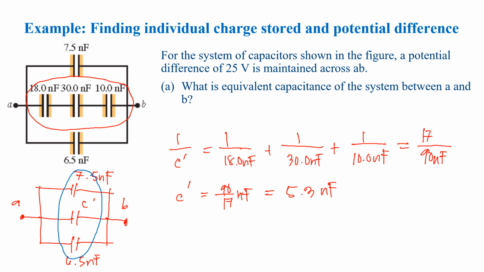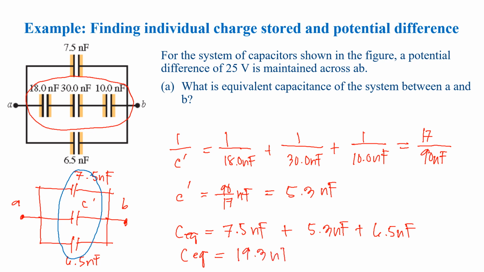Since these three capacitors are in parallel, your C equivalent is equal to 7.5 nanofarads plus your C prime, which is 5.3 nanofarads, plus 6.5 nanofarads. And you finally get the equivalent capacitance, which is equal to 19.3 nanofarads.